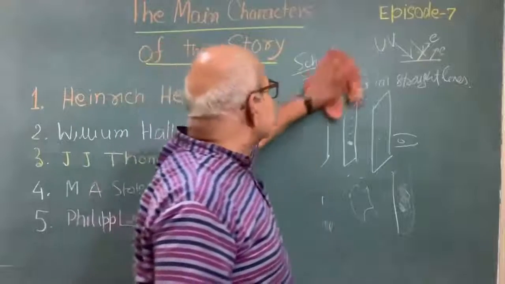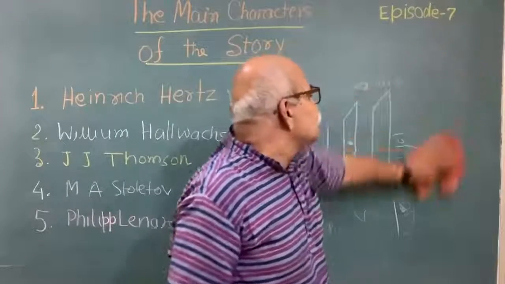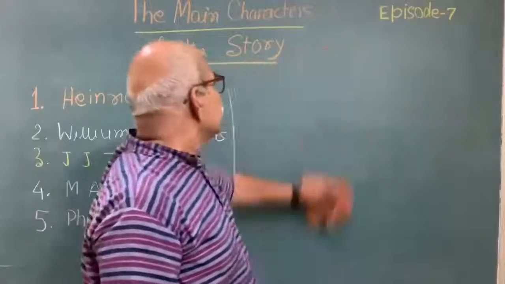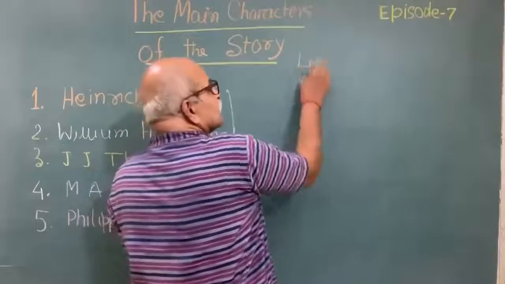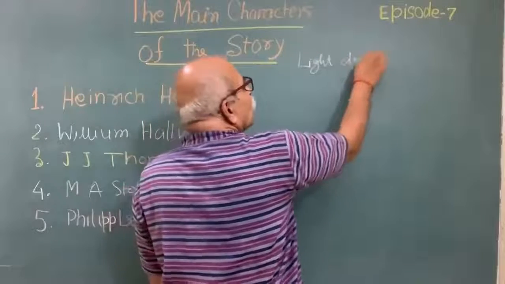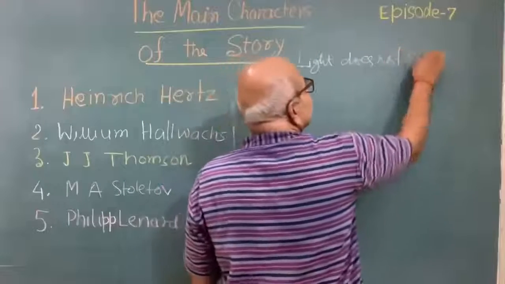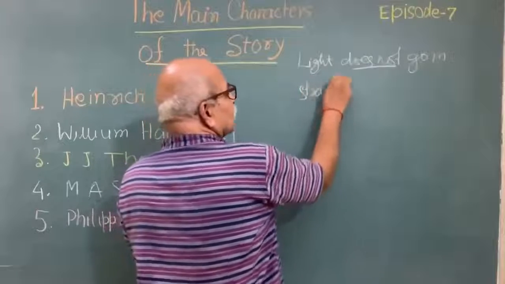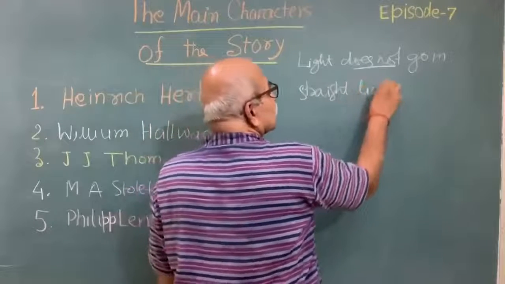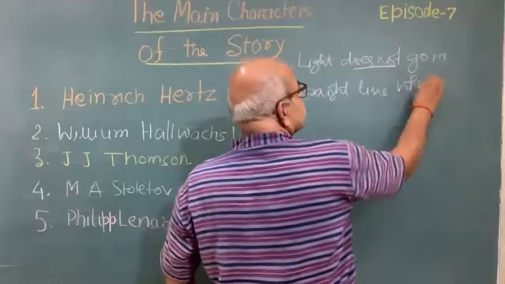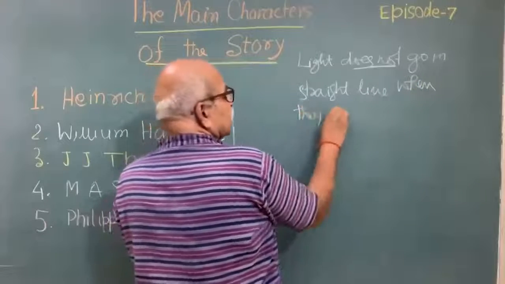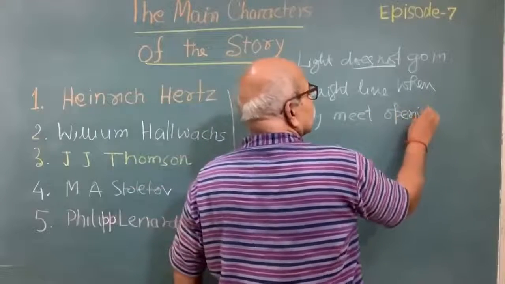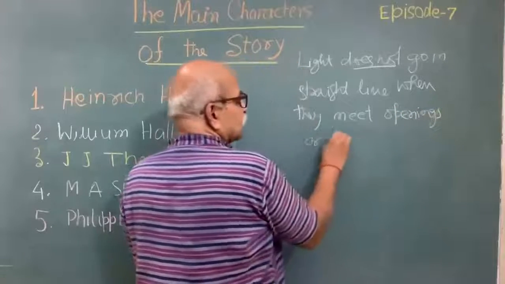So what we are told in college, once we come to class 12 or college, is that light does not go in straight lines when they meet openings or obstacles.